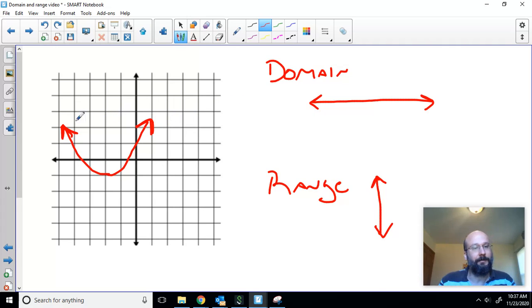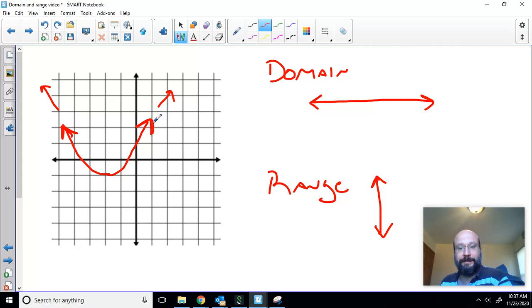When your graph looks like this, where this arrow is going to the left and up forever, and this arrow is going to the right and up forever, then that means it's going to the left and the right forever, right? It doesn't stop. The leftmost point is an arrow, so that's negative infinity.